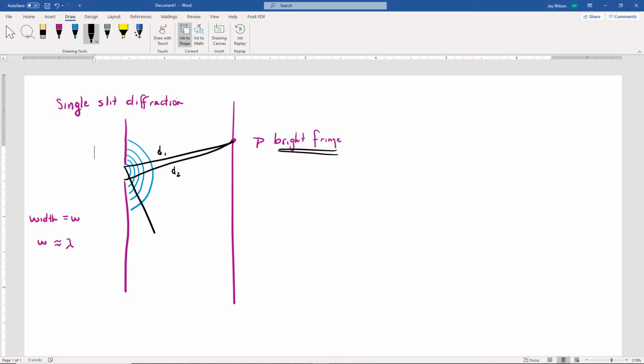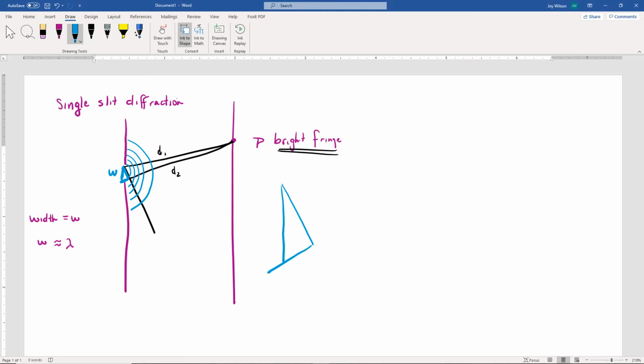But then we're going to draw a new triangle over here where this is the slit width and we have a right angle and here's our triangle. So that's going to be our first triangle that we're going to consider. And when we do that, I'm going to bring it out over here so we can look at that triangle a little bit better.